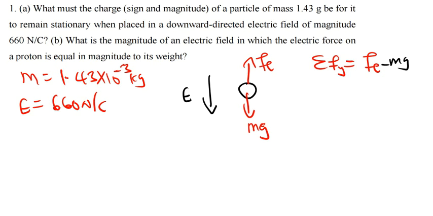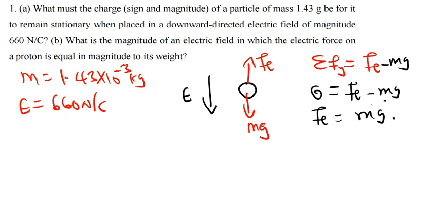According to Newton's second law, since it is stationary, it is not moving, the net force is 0. So I'll replace that with a 0. It will be the electric force minus mg. I can shift this to the other side. I'll say that mg is equal to Fe, or Fe is equal to mg.